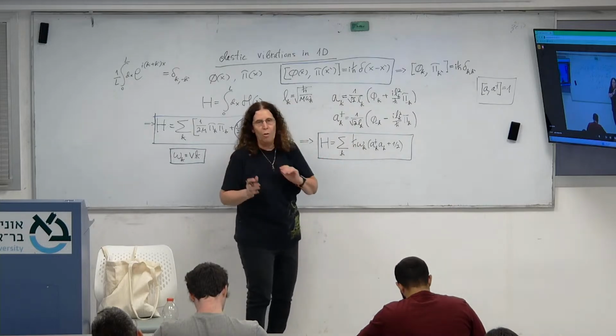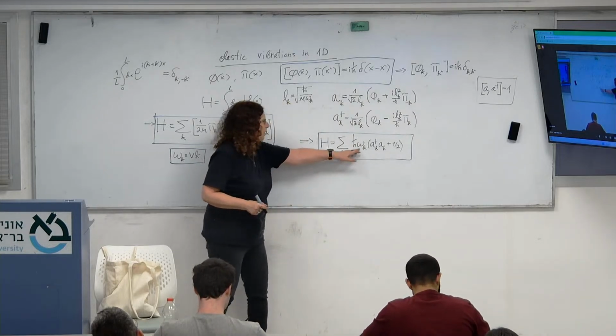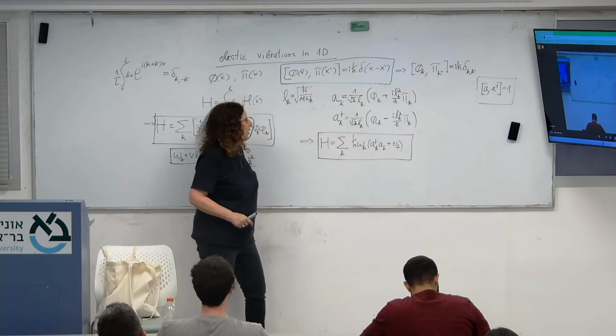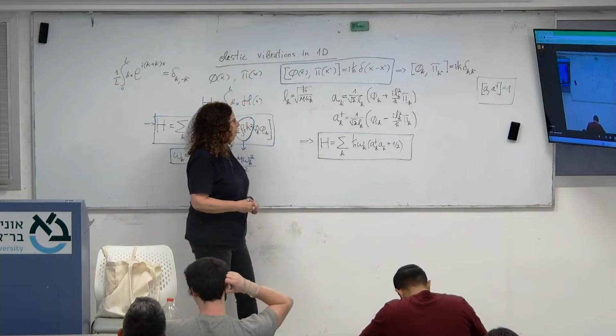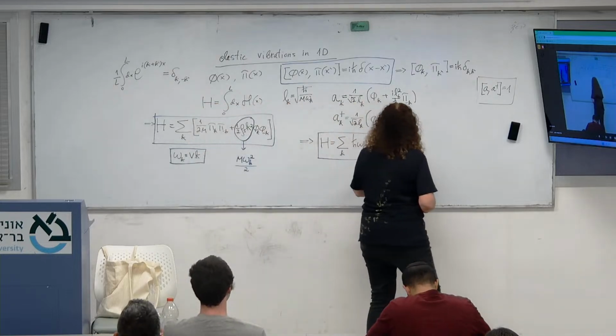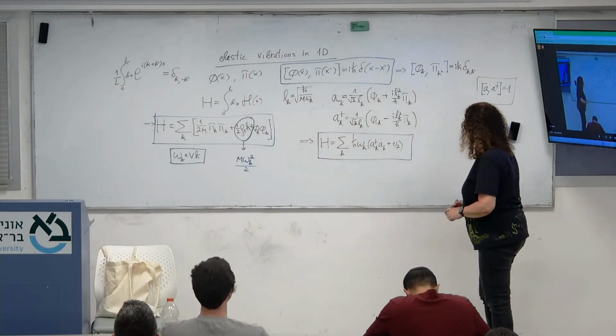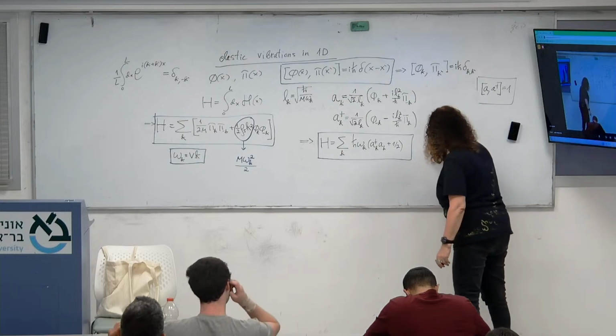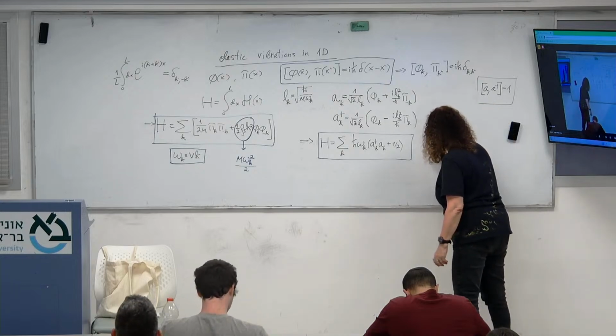Each has their own frequency, okay? And the operators A_k and A_k dagger obey the following commutation relation.